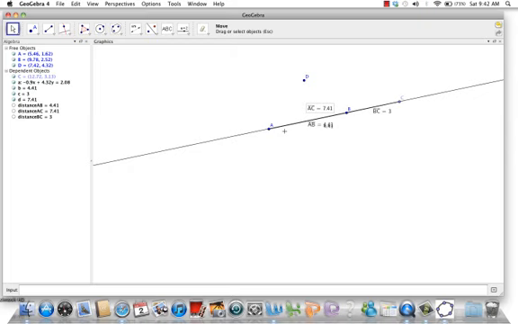So this is our first length measurement fact. We say lengths along a line add together.